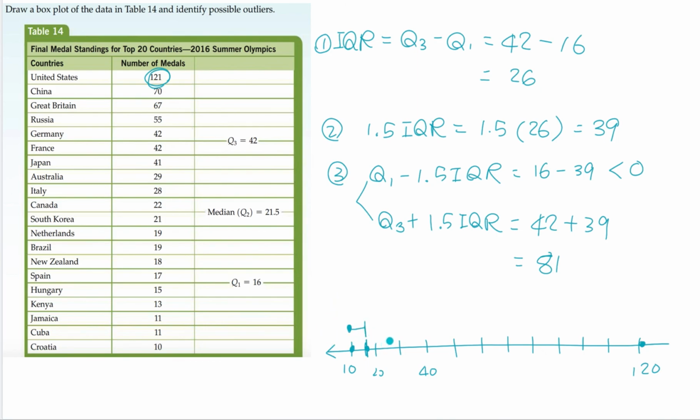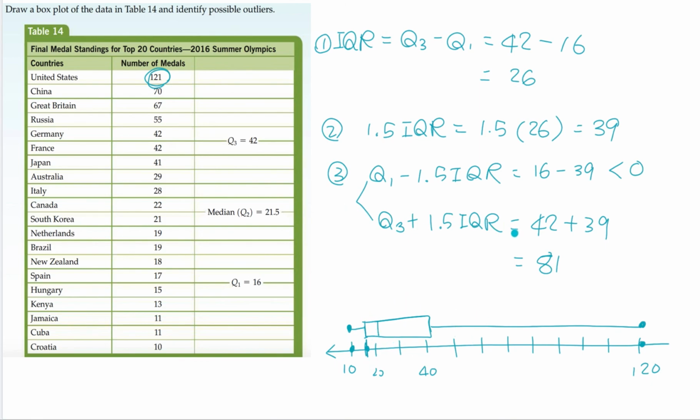Your Q2 is 21.5. 20 is here, so 21.5 is very close to 20. And Q3 is 42, so very close to 40. And here is the box. And the whisker goes all the way there, so you can already see that it's very, very far away from the rest of the data.